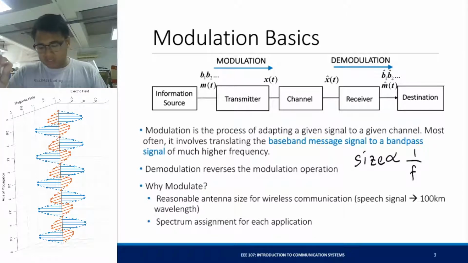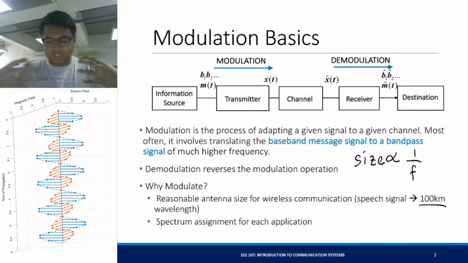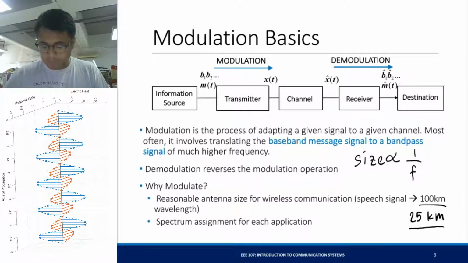As a rule of thumb, for wireless communications, if you use a speech signal of around 400 hertz to 4 kilohertz, the wavelength of the signal is around 100 kilometers. To design an antenna that will receive such a signal, you need one fourth of this, which is around 25 kilometers. An antenna that size is not reasonable.